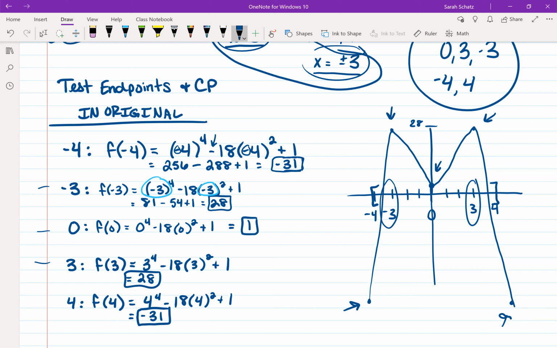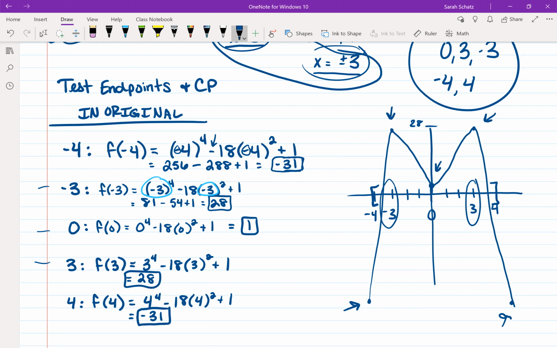And you guys, if you have 2, that's okay. I would say there's an absolute max at 3 and -3. If it asks for the values there, the value there is 28. So the y value there is 28. And then let's talk about the absolute min.